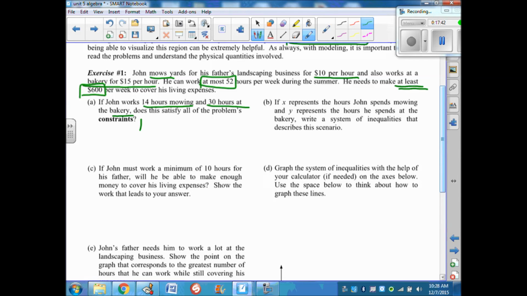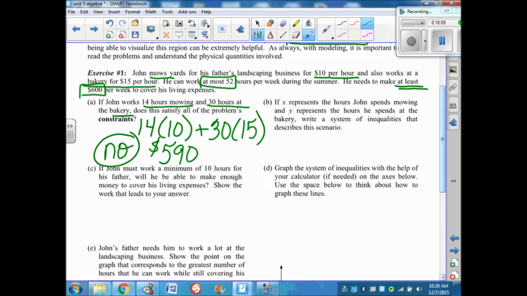If we're talking 14 hours times $10 an hour mowing lawns, plus we've got 30 hours at the bakery at $15 per hour, does that give us $600 or more? If you do that calculation, that's $590. So that's not going to work for him. That situation is not a viable solution for what he needs.